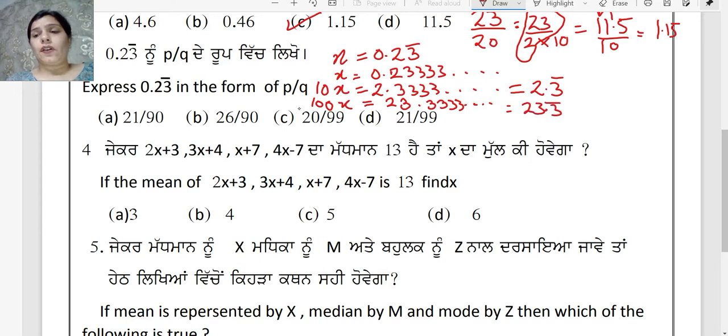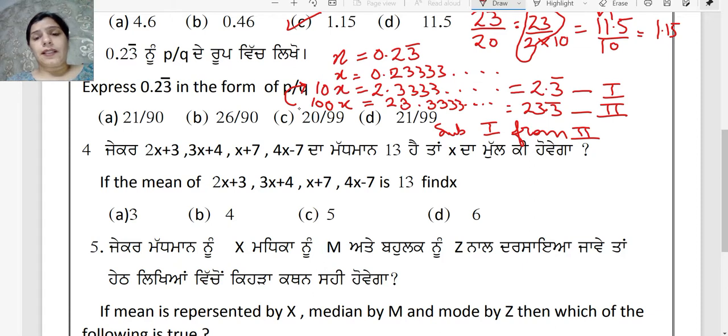Beta, this is your equation number 1 and this is your equation number 2. And what you will do is you will subtract equation 1 from 2. So when you subtract 100x minus 10x, you get 90x.